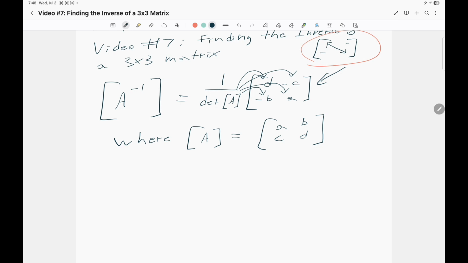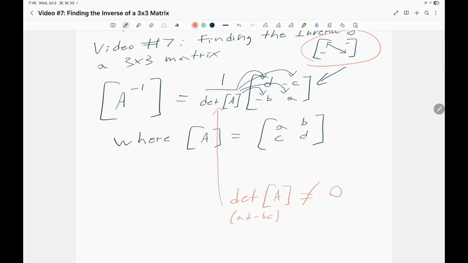Now, there's a little bit of an implicit assumption that we're going to be making before we begin, and this is the same for any square matrix, including 2 by 2 matrices. If you see here with the formula we have up here, the determinant of A, which is AD minus BC, so the A element times the D element minus the B element times the C element, cannot equal 0, because then we have 1 over 0, and that's not good.